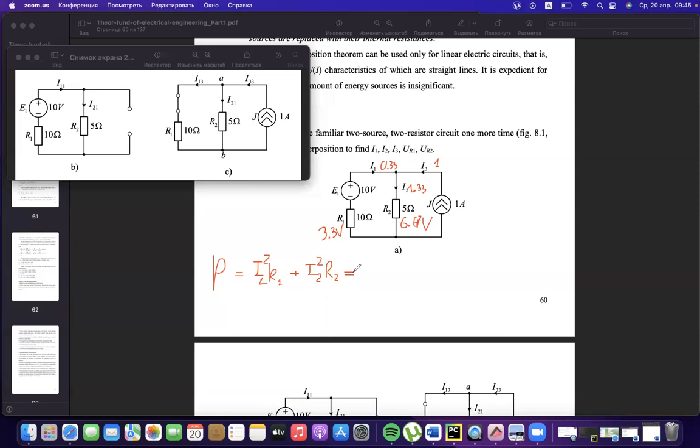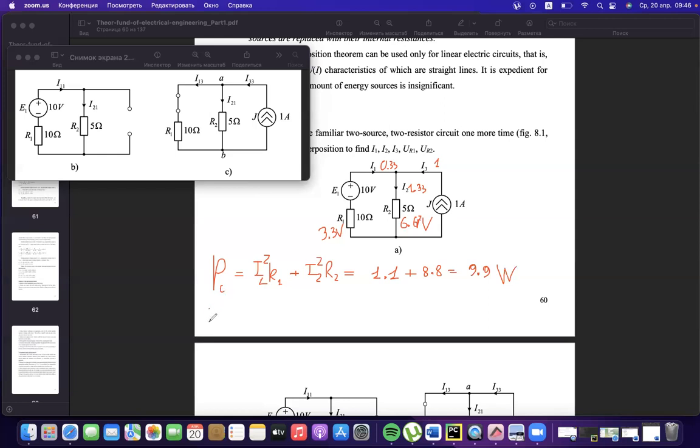Let's check what it will be. 0.33 in square and multiply on 10, it will be 1.1 watts, plus 1.33 in square multiply on 5 ohms, it will be 8.8 watts. The total power consumption equals 9.9 watts.